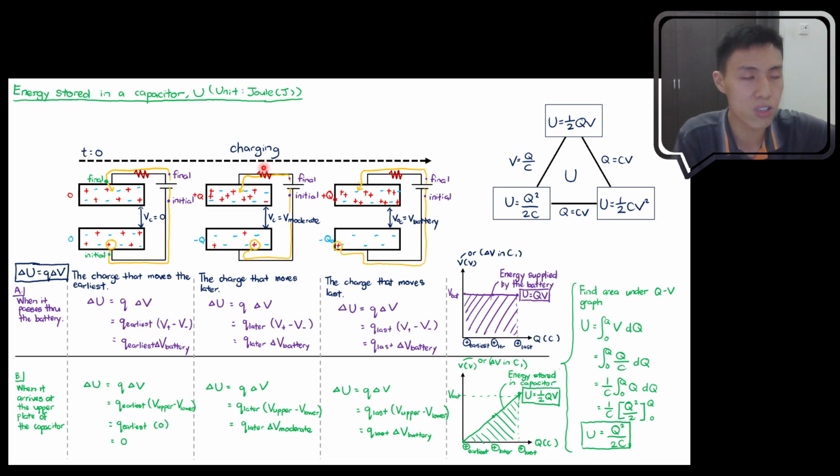So the resistor will gradually dissipate less and less heat, and the capacitor will gradually store more and more energy. At the end of the journey, the last charge will basically give all of its energy to the capacitor, leaving none for the resistor. So you can see that it is gradually storing more and more energy, whereas this is gradually reducing the amount of energy dissipated as heat in the resistor, and it forms an exactly half relationship over here.